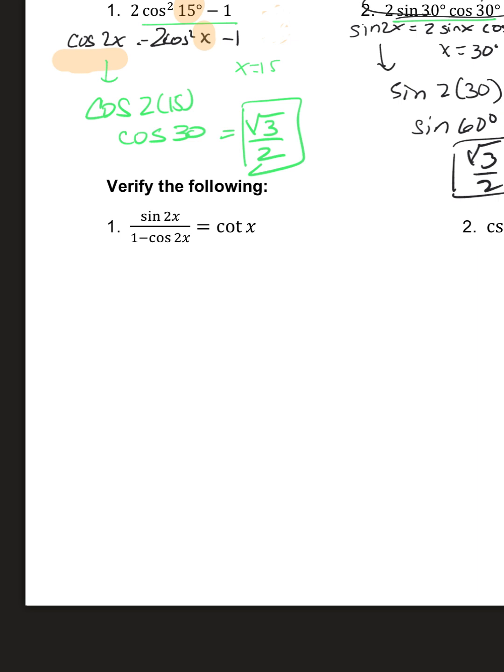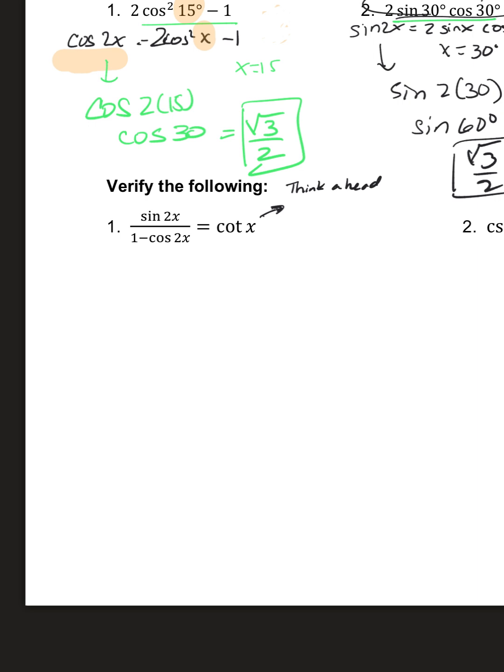Now the next part that we're going to do, we're going to verify. And you have to really think about what you need at the end here. So when you're trying to solve any of these, look at what this is. Think ahead. What do you need? Well, I have a cotangent, and these are sine and cosine over here.